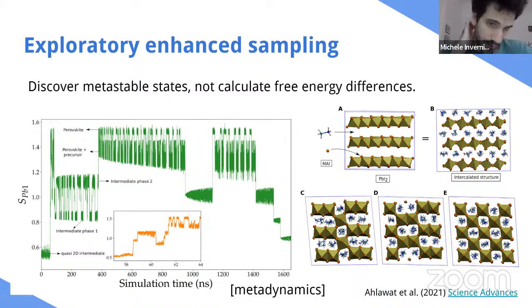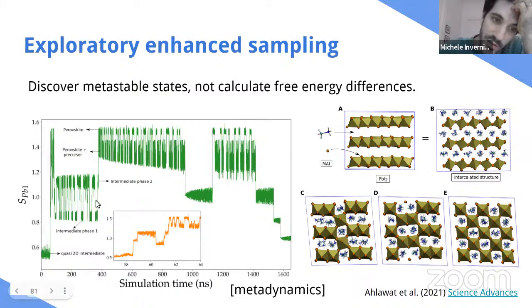In this paper, we were studying a perovskite system, a change of phase in a perovskite. And we did this with metadynamics and a collective variable, again, that measures the crystallization, how far you are from a given crystal structure. What we found is this kind of behavior. This is the collective variable as a function of time.